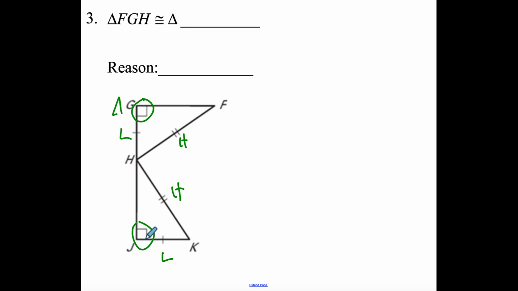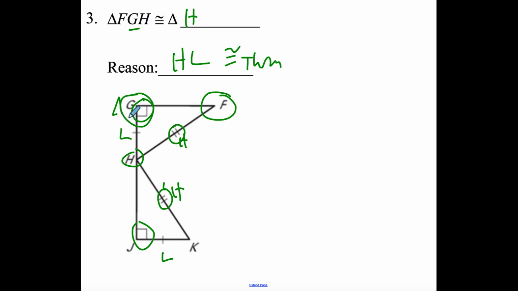Right triangles with legs and hypotenuses allow us to use the HL congruency theorem. And we just have to get the order right now. They did F first, which was at the end of the double mark side. Here's the double mark side. I think that would be H. Then they went to G, which was the right angle in the middle. Our right angle would be J. And so that means we would have to end with K.